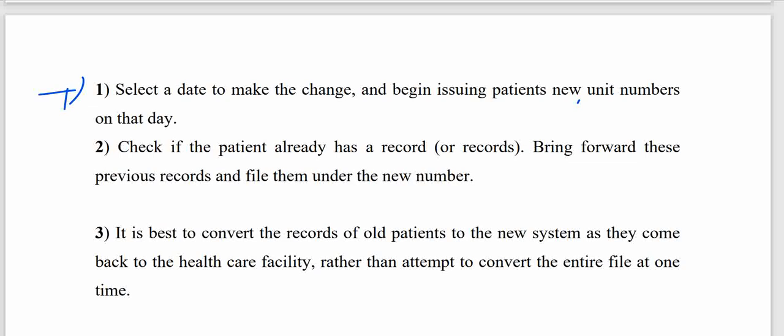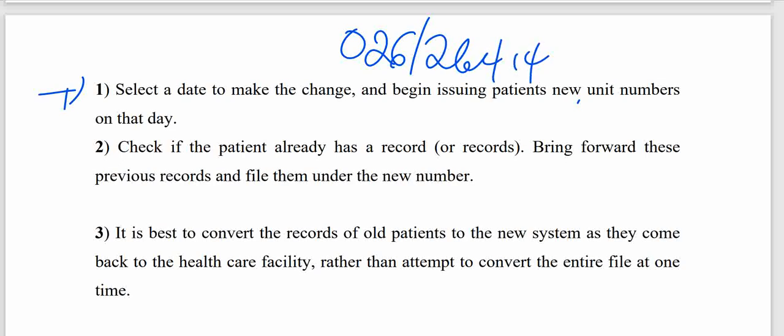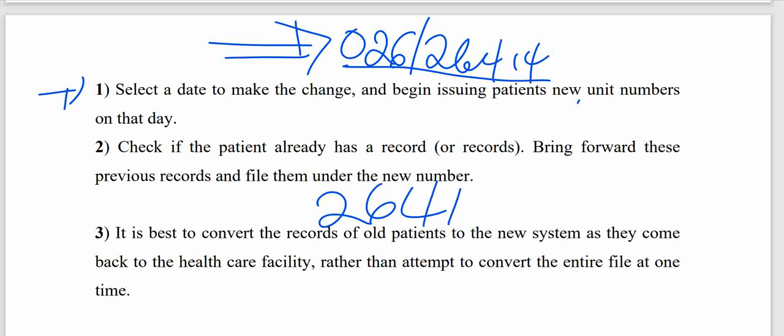Meaning, if any patient comes to the facility from today and is a new patient, confirmed that doesn't have any of this number, instead of assigning the number that we used to assign, we are going to assign only 26415. This is now unit. We are going to assign only that from today onwards. That's what I mean by choosing a day and then you start issuing new patients a new unit numbering system from that day.